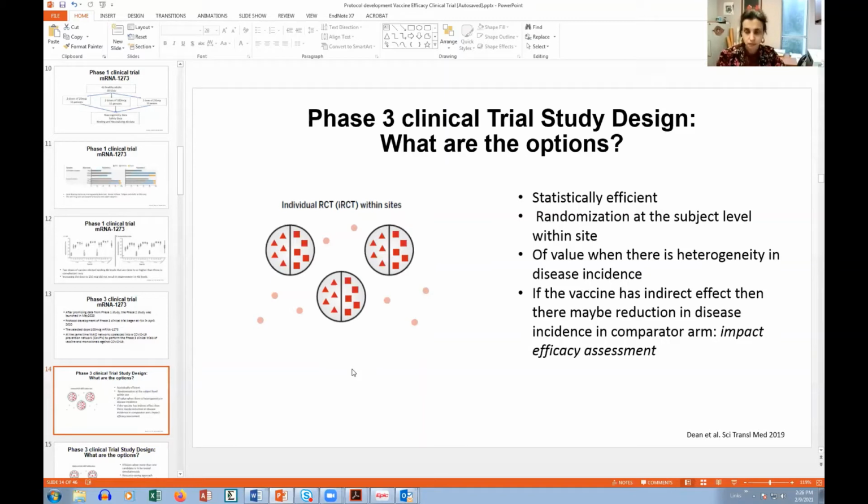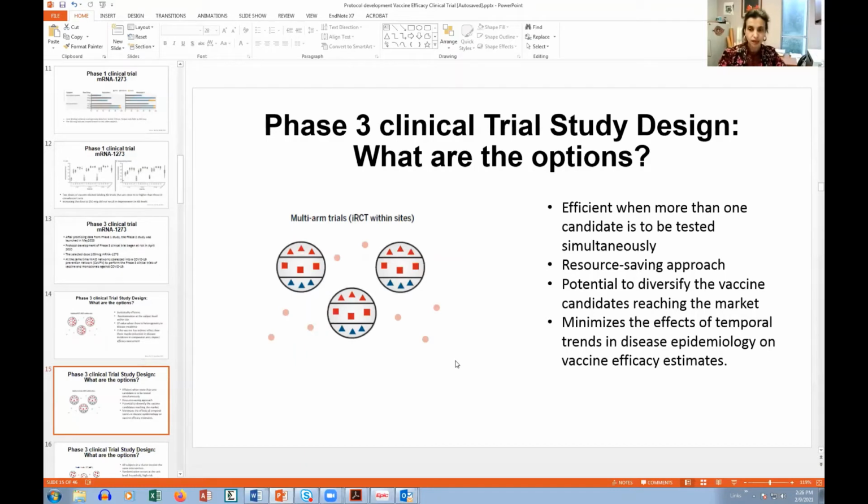And one thing to keep in mind is that if the vaccine has an indirect effect, then we can see a reduction in disease incidence in the comparator arms, which may impact efficacy assessment. So there are pros, maybe a minor con.